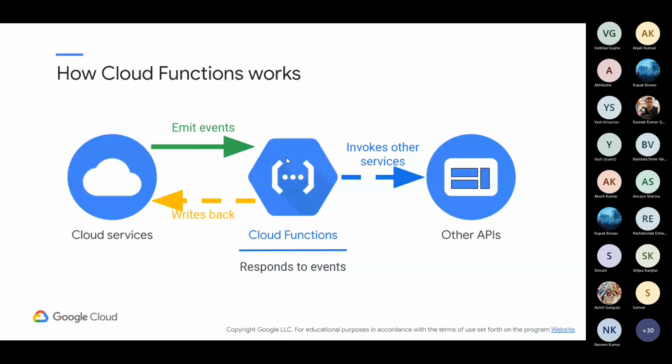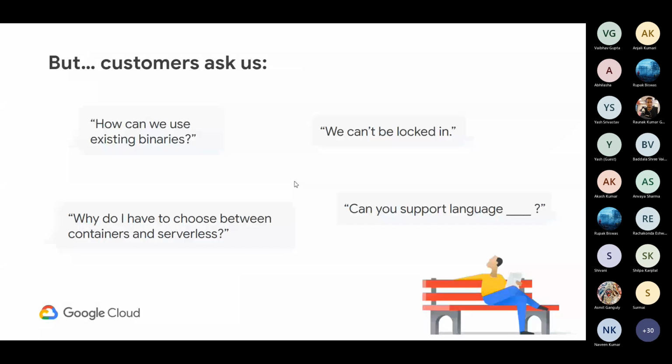Next, the customer asks how we can use an existing binary so we can't be locked in, or can you support this language? I write my application in this language, which is pretty unusual. For example, for web technologies there are very famous frameworks like Django or Node.js, but anyone can build their application in C, which is pretty unusual, and they want to host their application.